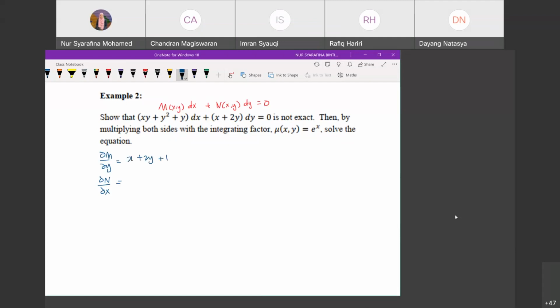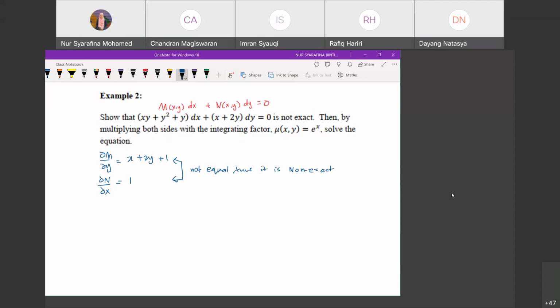And del N del x equals to 1. So you can conclude that it is non-exact. They are not equal, thus it is non-exact.